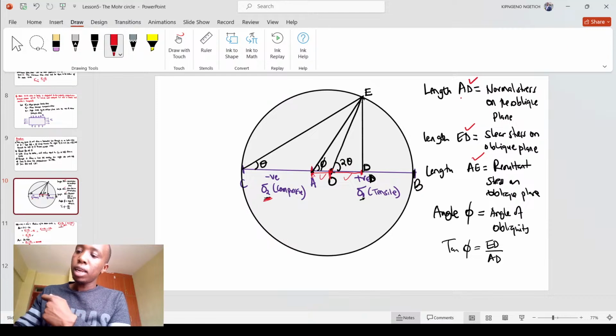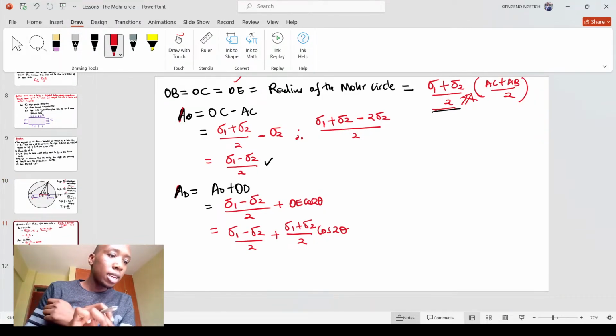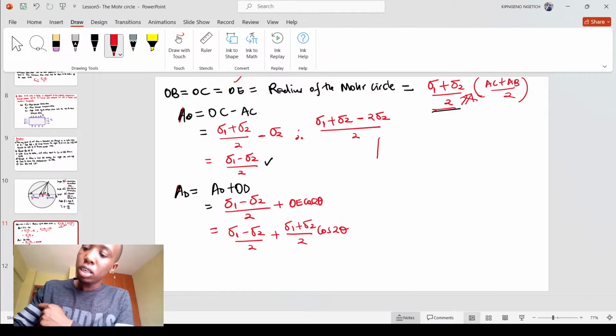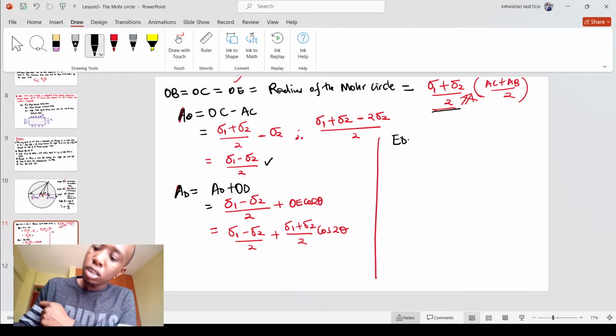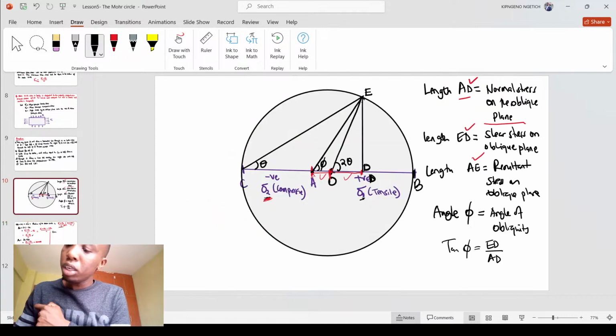We said the length AD is the normal stress on the oblique section. Length ED. How will you obtain ED? ED will be obtained through trigonometric expressions too. Now it will be a sine rule. We have the hypotenuse and you're looking at the opposite.